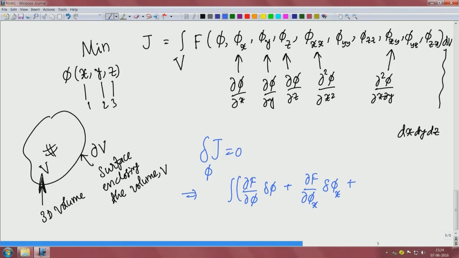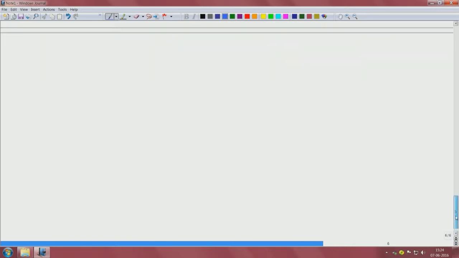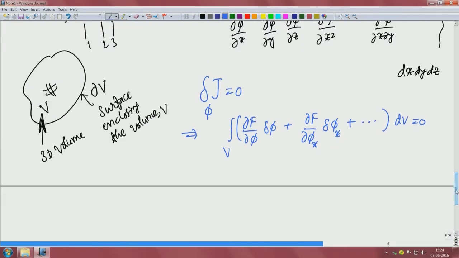However many terms there are, we will do all that, and that will be dv over the volume is equal to 0. So this is already del phi, we do not do anything about it, because del phi is arbitrary, right. That is what we use to get the differential equation and the boundary condition.